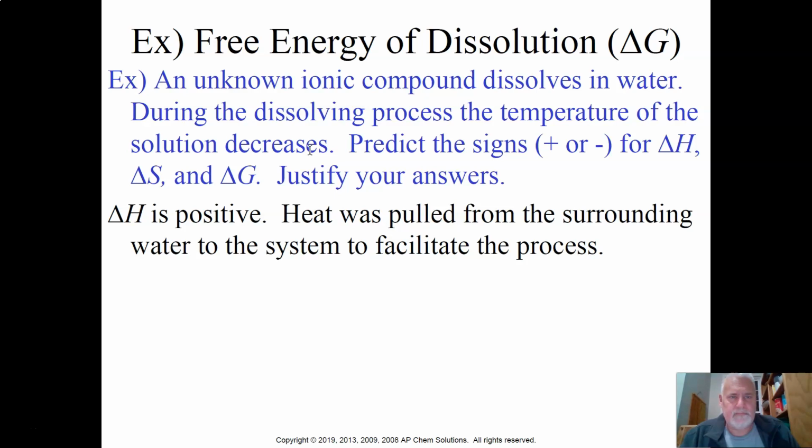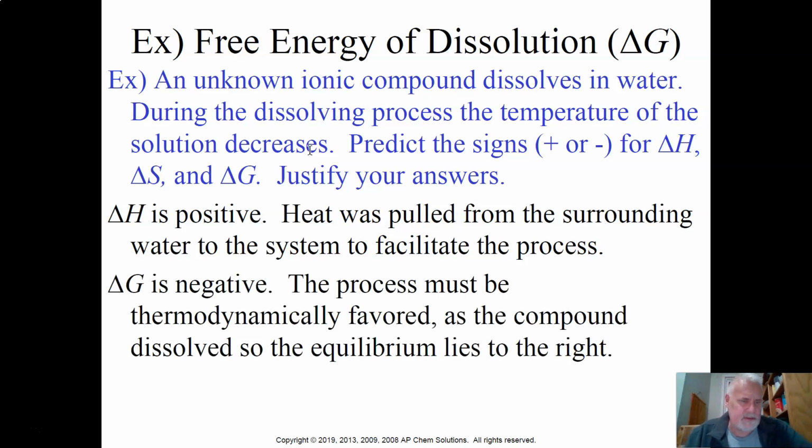The next one, you know that actually delta G is the next best one to do. So I was right there. I should have thought that through. So you know delta G is negative, and the reason that you know delta G is negative is it must be a thermodynamically favored process, or a TFP, as the equilibrium lies to the right, because it dissolved.